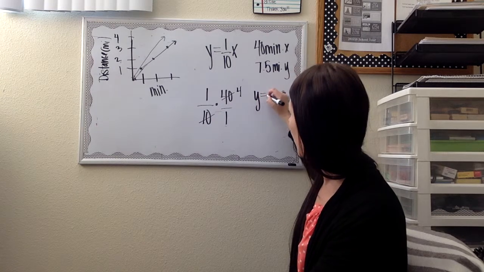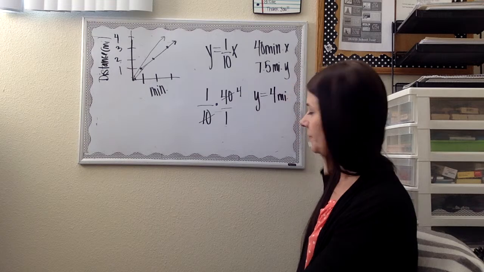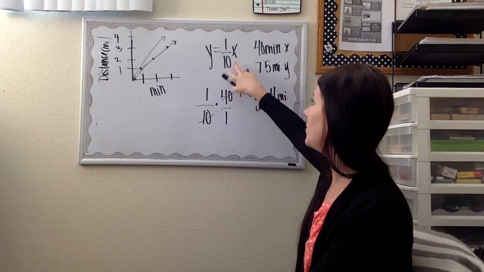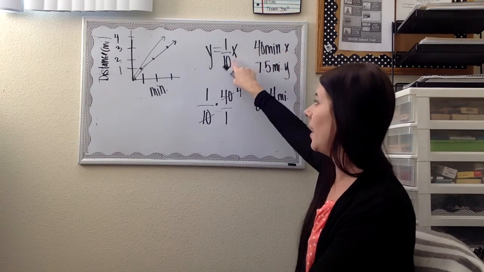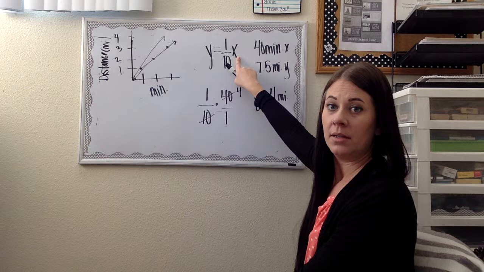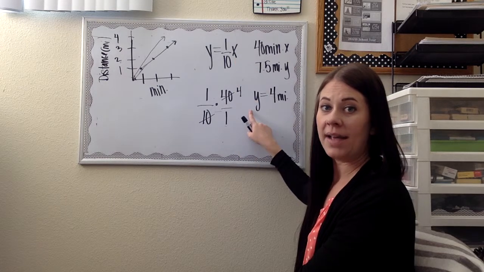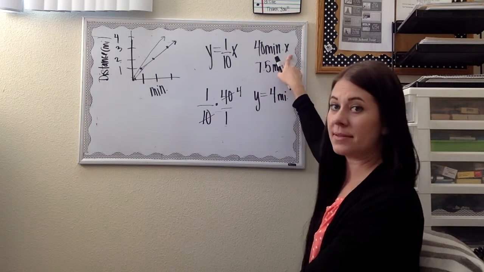So he can run in 40 minutes 4 miles. That's called plugging it in. Going, what is going on with these two things? Oh, they're being multiplied. I'm going to put x in and then multiply. Okay, and then you know how to do that. And then y equals, and y is your distance, so 4 miles in 40 minutes.